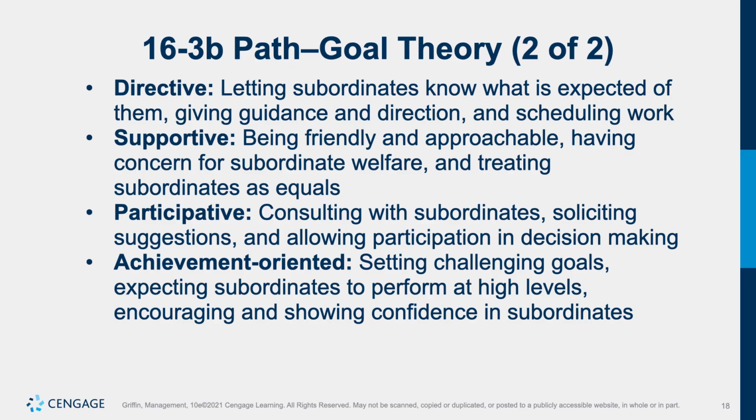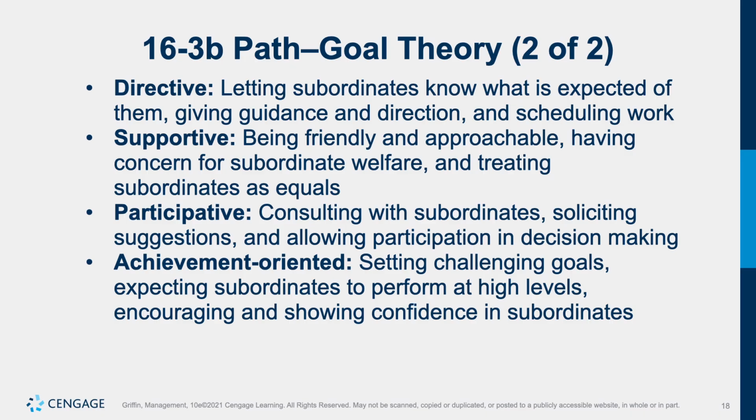Now, the situational factors that must be assessed include the personal characteristics of the subordinates and the environmental characteristics of the workplace. Personal characteristics of subordinates include the subordinates' perception of their own abilities and their locus of control.